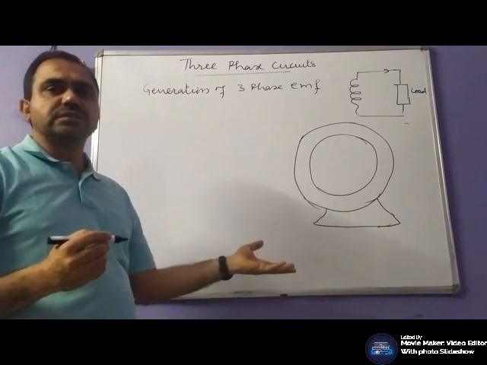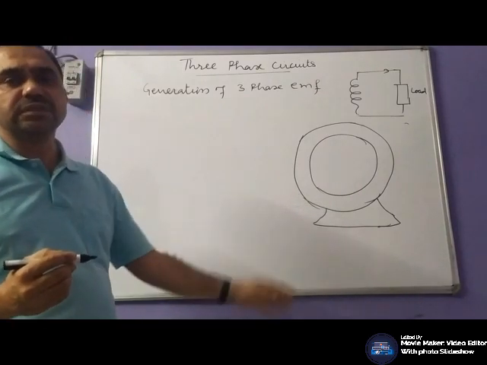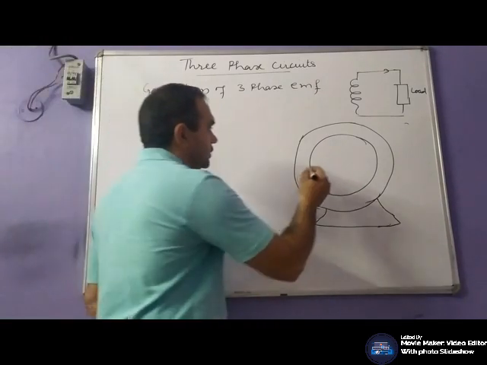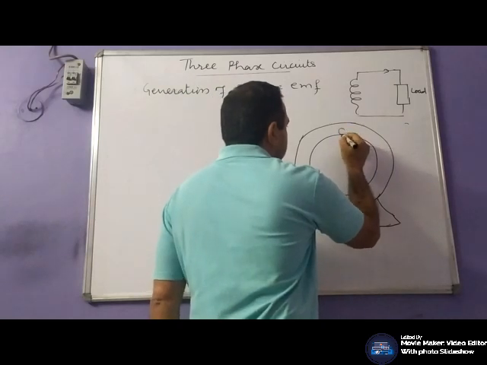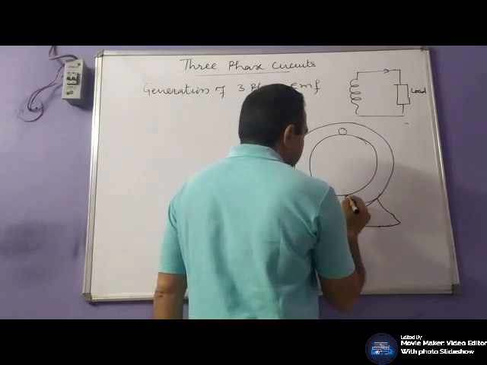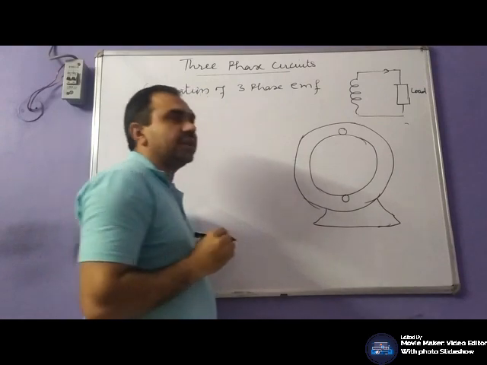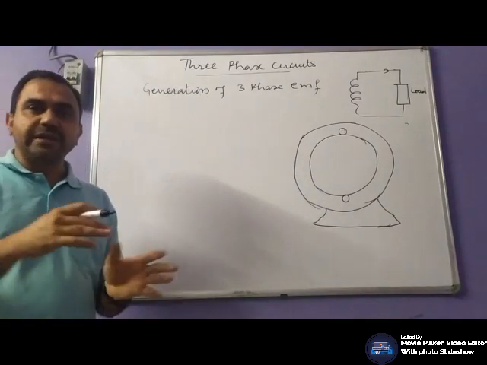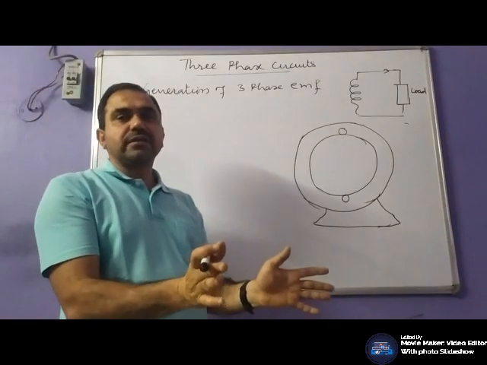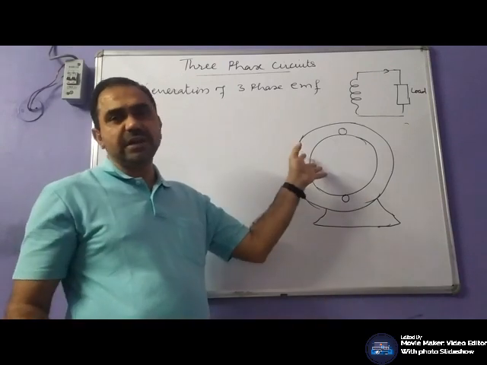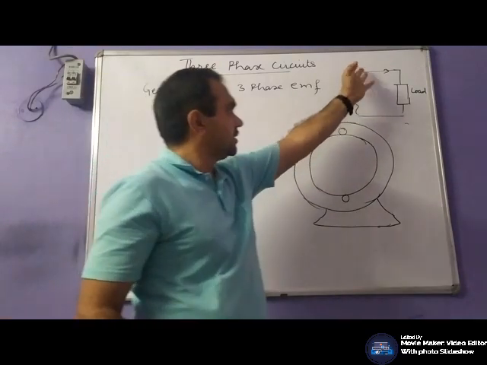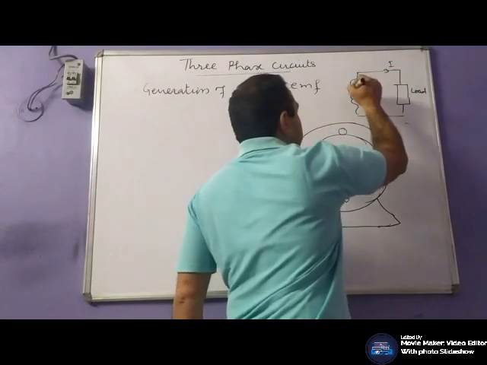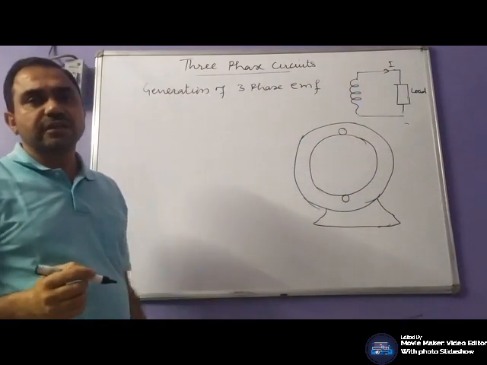In single phase we use a single coil, in three phase system we use three coils. And whenever a coil is being rotated in a magnetic field or magnetic field linking to that coil is changed, EMF will be induced in the coil. Hence, current will flow through the coil if load is connected.